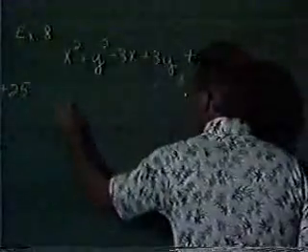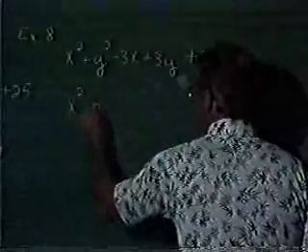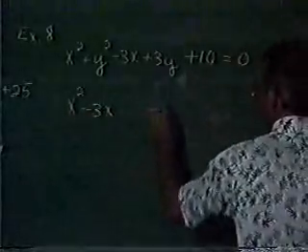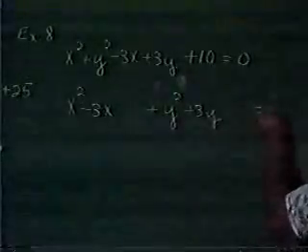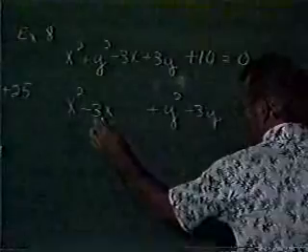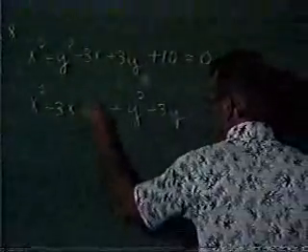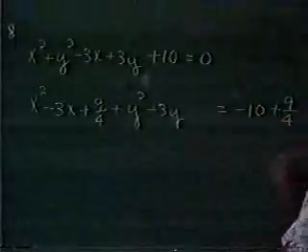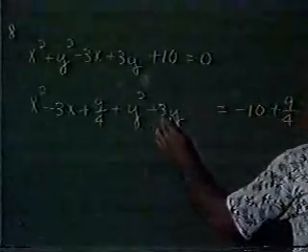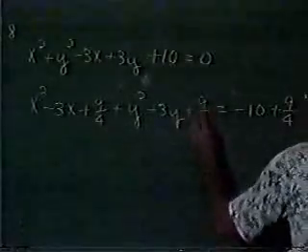All right, let's look at example 8. Grouping this, leaving a space, moving the 10 across is minus 10. Dividing that by 2 is 3/2, squaring that is 9/4. Got to add 9/4. Dividing that by 2 is 3/2, squaring that is 9/4.